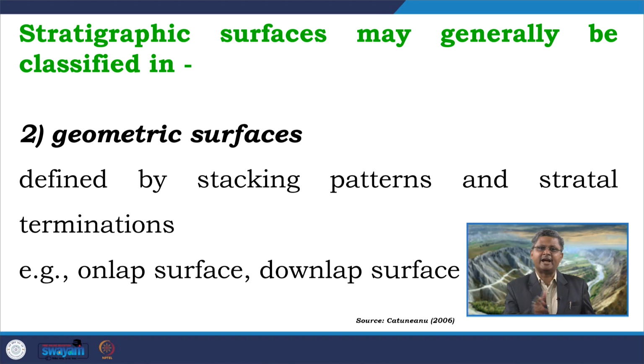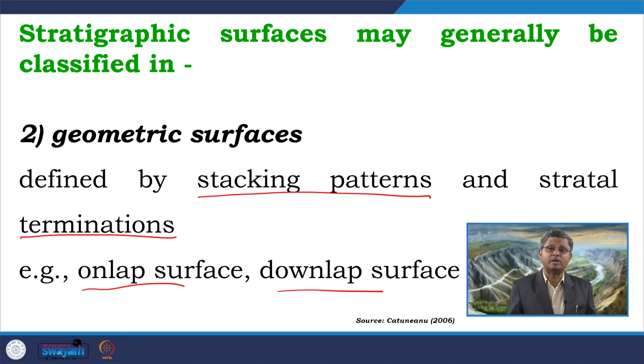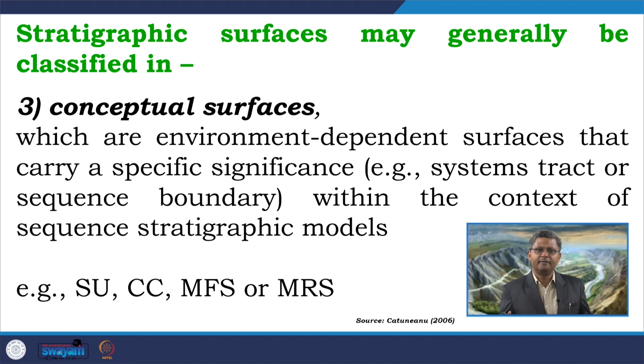To identify this kind of surface, we solely depend on the stacking pattern of the strata and how those stratal stacking patterns terminate against a particular surface. For example, onlap surface, downlap surface, truncation, offlap surface, all these are geometric surfaces. And the third one is a conceptual surface.